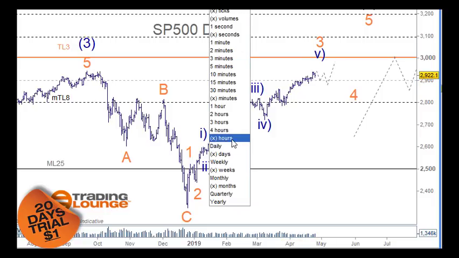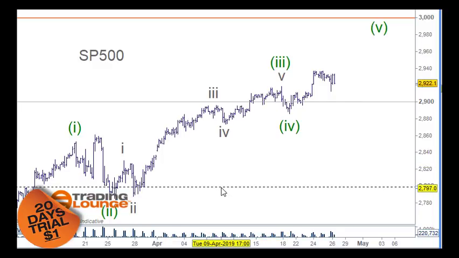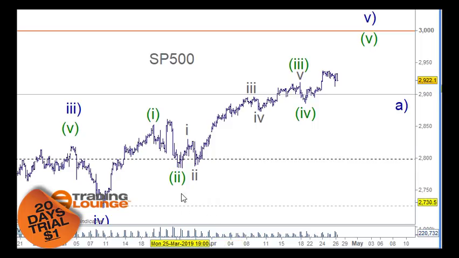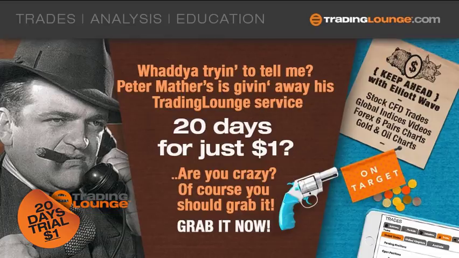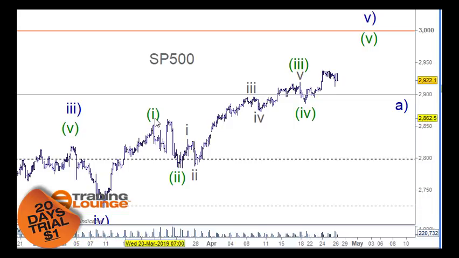If I go back to the 4-hour chart, something's not quite right here. I just can't put my finger on it. One of the things here is that we've got this as wave 1 here, and this is an A and a B and a C here for wave 2.